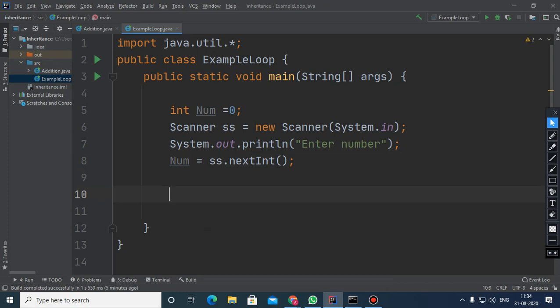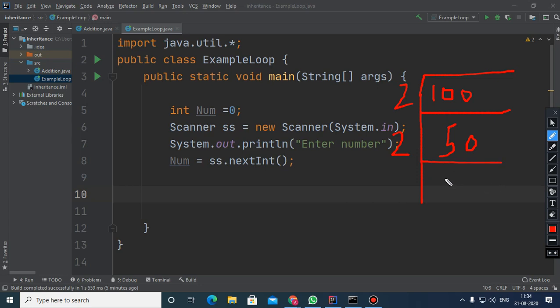So first of all, see what prime factors are. This is 100, and initially we started with the value 2. It is 50. Now this 50 is still divisible, so again with 2, we get 25.